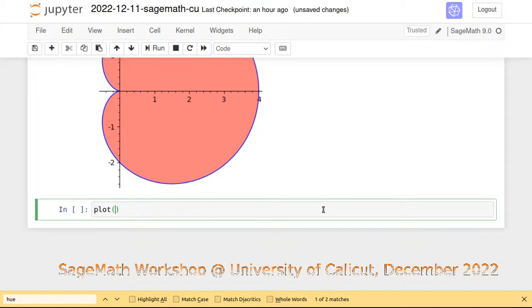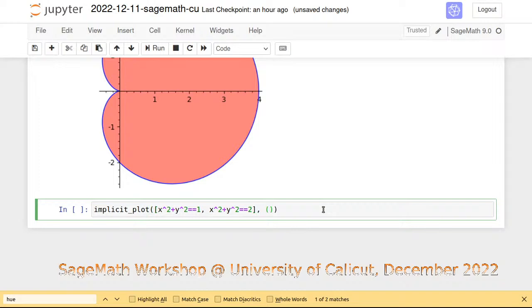Two circles we want means implicit plot. Suppose I want x square plus y square equal to 1, and let us define it as a list. Whenever we want to plot multiple functions, we have to keep it as a list. So now x square plus y square equal to 2. So 2 of them.